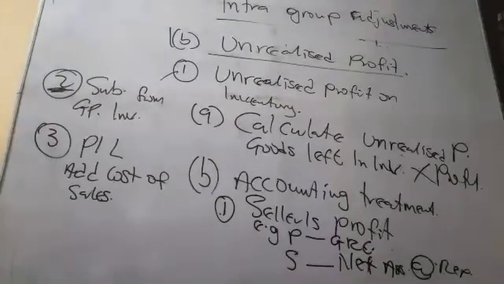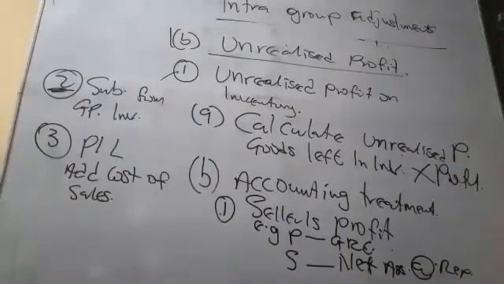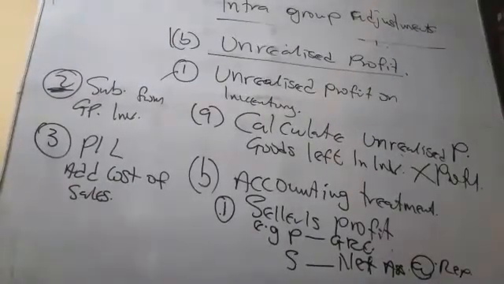Now I'll give you 3 different ways to arrive at the unrealized profit. The treatment is so straightforward and simple, but the calculation is what we are going to use to worry you. So kindly be with us when we are going through the calculation.